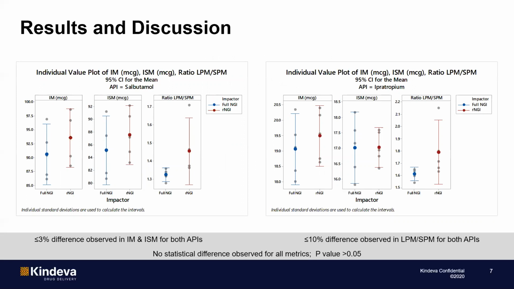From the data generated, we can see that there is less than 3% difference observed in impactor mass and impactor sized mass for both APIs, and less than 10% difference in the observed data generated for the ratio of large particle mass to small particle mass, again for both APIs. And there is no statistical difference observed for all metrics.